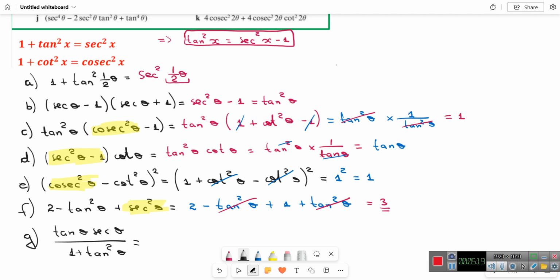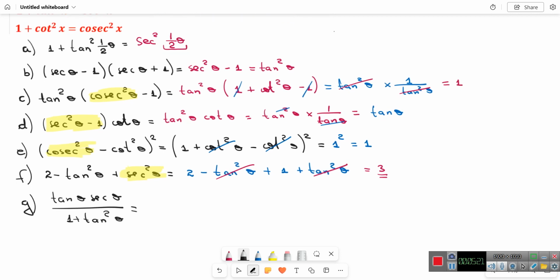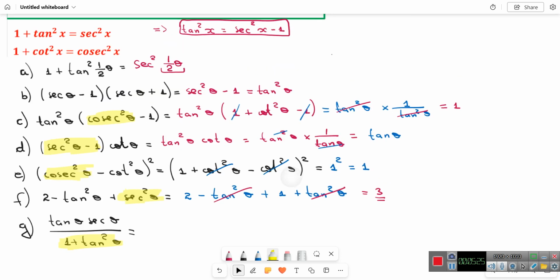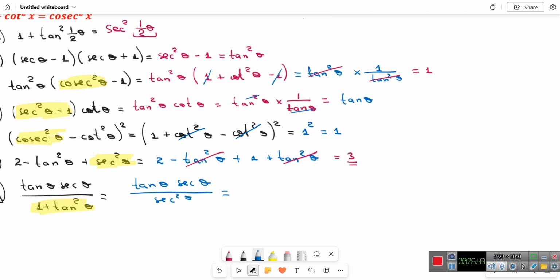I can replace 1 plus tan squared of theta by sec squared of theta. So I have tan theta sec theta over sec squared of theta, which we can cancel down.